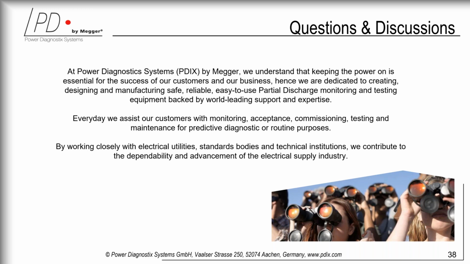Obviously, if you test from the other, you're not going to get the same pulse shape or intensity. Also, as Mihai had mentioned in his presentation, there are several different sensors, and you could use acoustic sensors also to help locate defects within your high voltage asset.